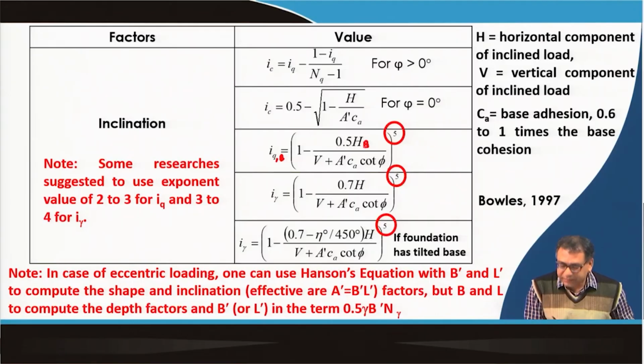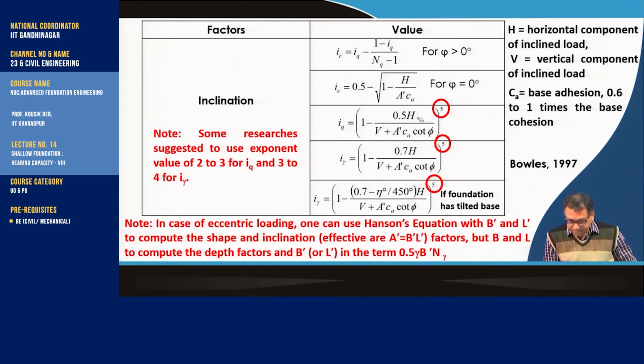And if it is IQL, then it will be L, that means the horizontal load parallel to L. Now, sometimes HB can be 0, HL can be 0 also. In such a case, you put 0 and calculate IQ and IL, all these things.